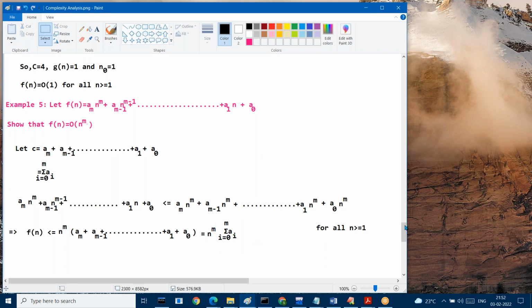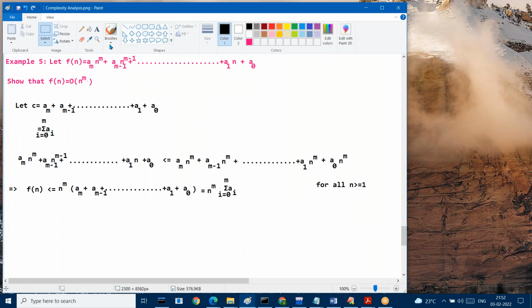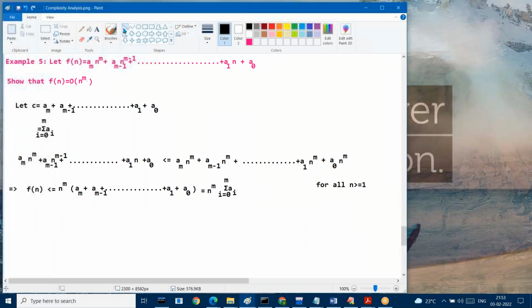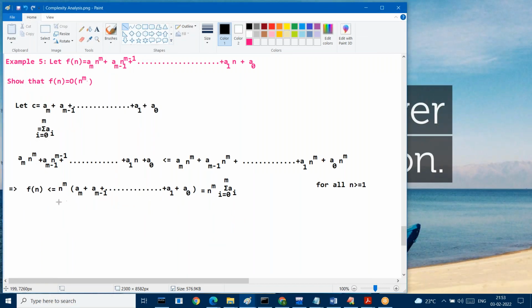Remember, writing this in this fashion doesn't mean fn is equal to this. Writing this in this fashion means this portion is equal to this one, not fn is equal to, no, fn is less or equal to this, where this part is equal to this part.